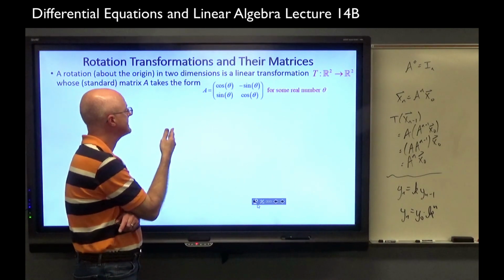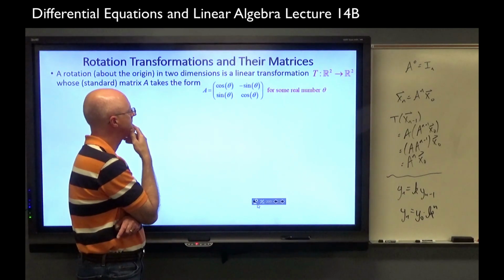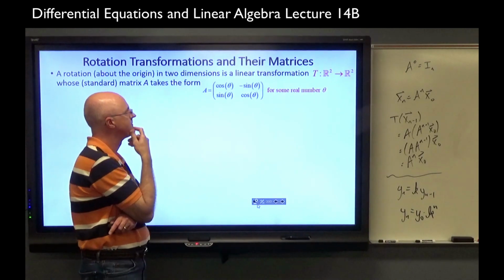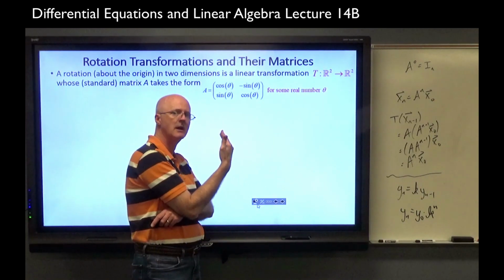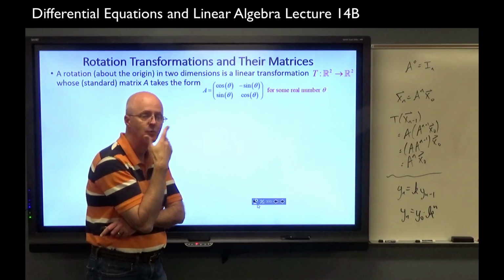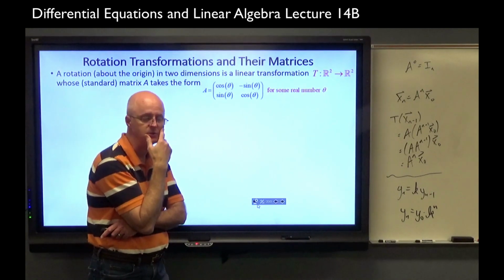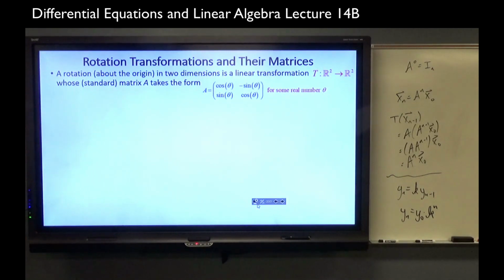First column cos theta, sine theta, second column negative sine theta, cos theta, for some real number theta. If theta is positive, this is a counterclockwise rotation by theta radians, say if theta is in radians, which you usually want it to be. Counterclockwise rotation when theta is positive, it's really a clockwise rotation if theta were negative.